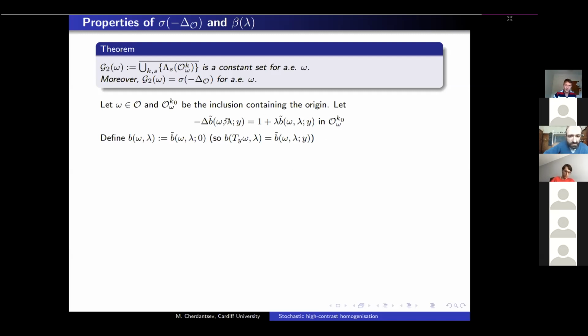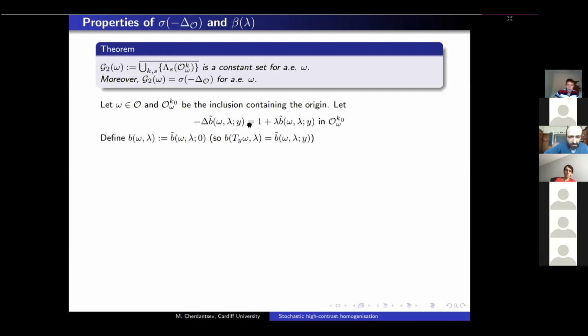If you fix this omega and apply T_x, the dynamical system, to this omega, this just shifts your distribution by x. So you have one inclusion here, for example, and one inclusion here. When you apply T_x to omega, you just shift the whole thing by x. This is all it does.